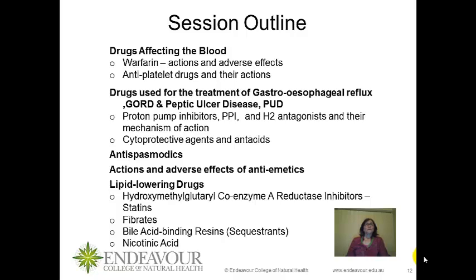For most of the time, we will concentrate on looking at treatments for gastroesophageal reflux disorder, GORD, and peptic ulcer disease, where we'll look at proton pump inhibitors, PPIs, and H2 antagonists, and we will also look at the effects of a couple of other agents in both of these disorders, antacids for one, and then cytoprotective agents and their important role in treating PUD, peptic ulcer disorder.